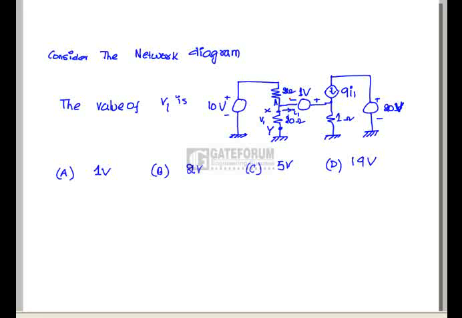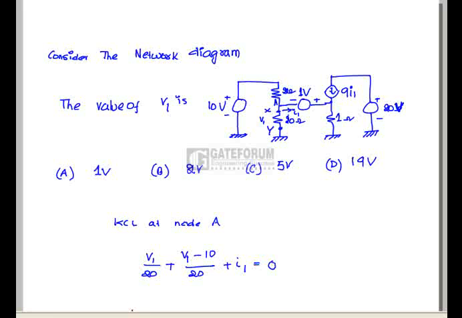Question is, consider the network diagram given in the figure. Find out the value of V1. In order to find the value of V1, apply KCL at node A. That is V1 by 20 plus (V1 minus 10) by 20 plus I1 equals 0.